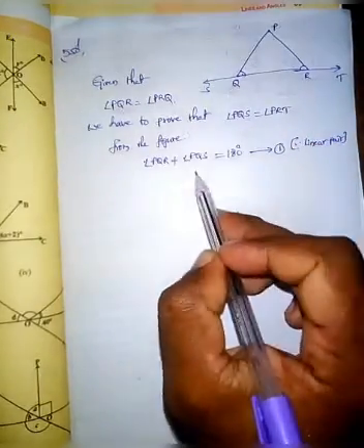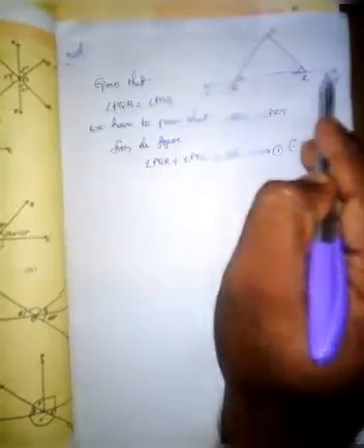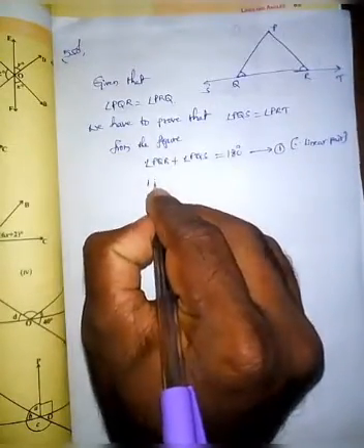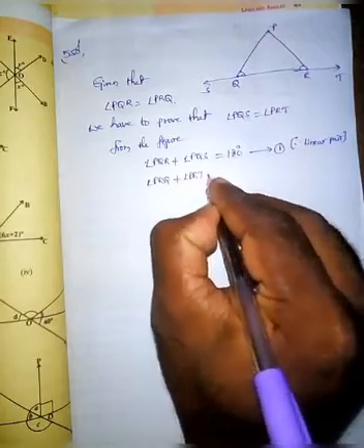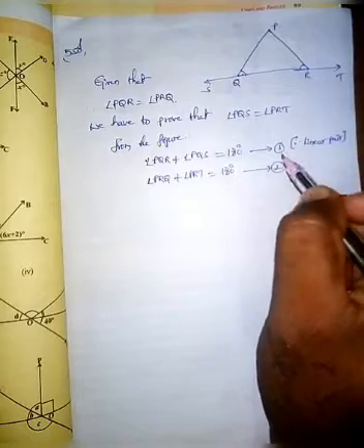Linear pair means sum of two angles equal to 180. Similarly, angle PRQ plus angle PRT is also 180. These two angles also form a linear pair, that is angle PRQ plus angle PRT is equal to 180 degrees, and name this equation as equation 2.